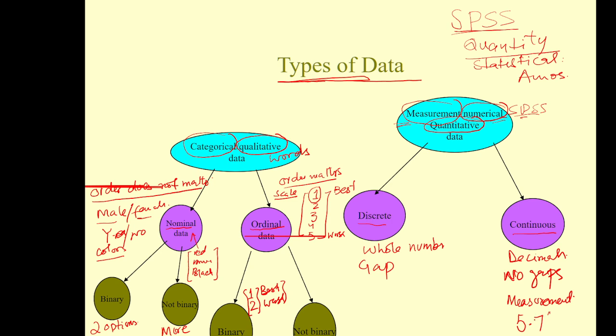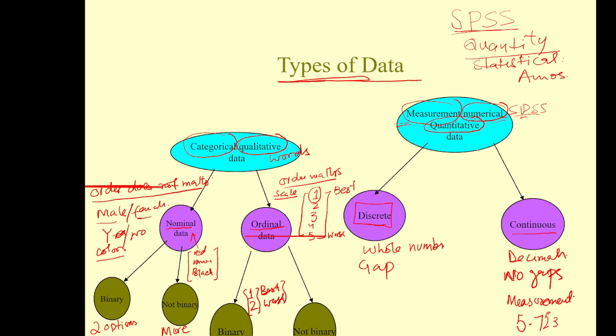So this is in a decimal place, and it can be 5.7 or 5.723 like this, but discrete has to be a whole number. Okay, discrete means it should be a whole number. So this is basically the difference between continuous data and discrete data.